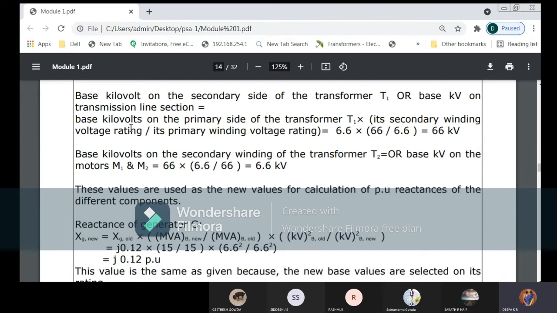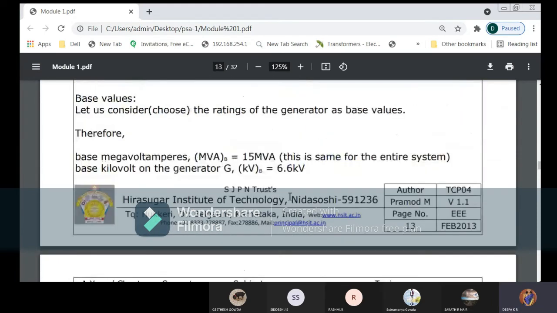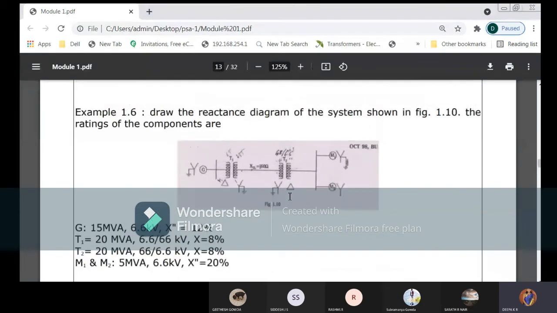What will happen? Base kilovolt on the secondary side of the transformer. Do you see any difference in the answer? In this section I'm considering the HT side. Your transformer is connected, and the primary side is HT.